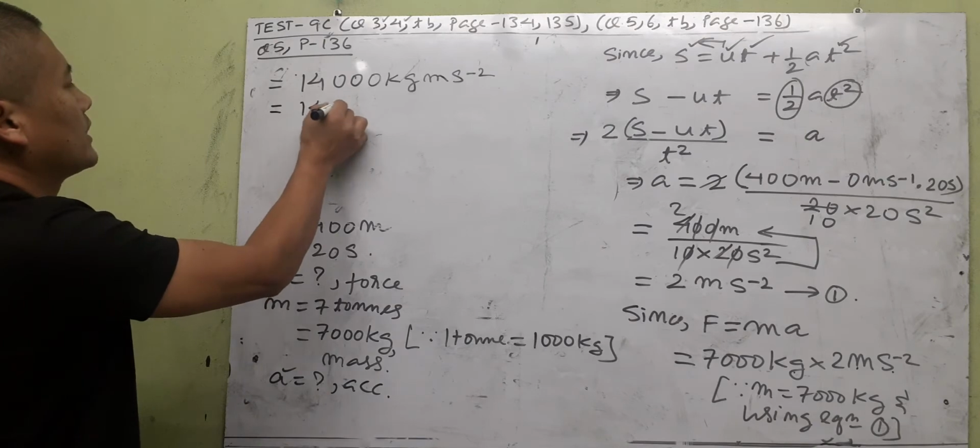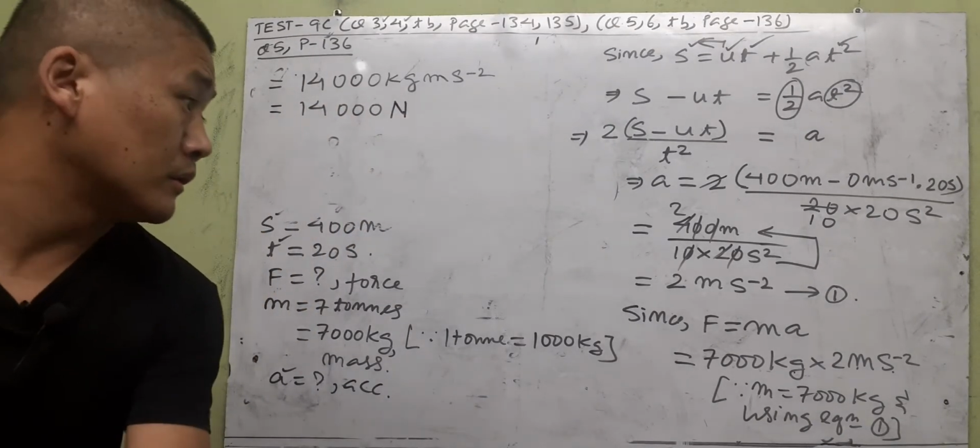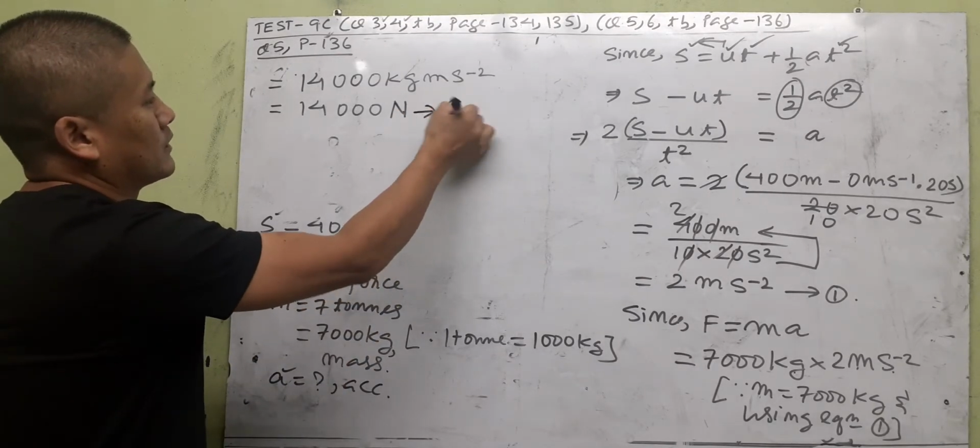So we know this is the unit of force. Kg meter per second square can be written in short as Newton. So this is equation number 2. So we found the answer.